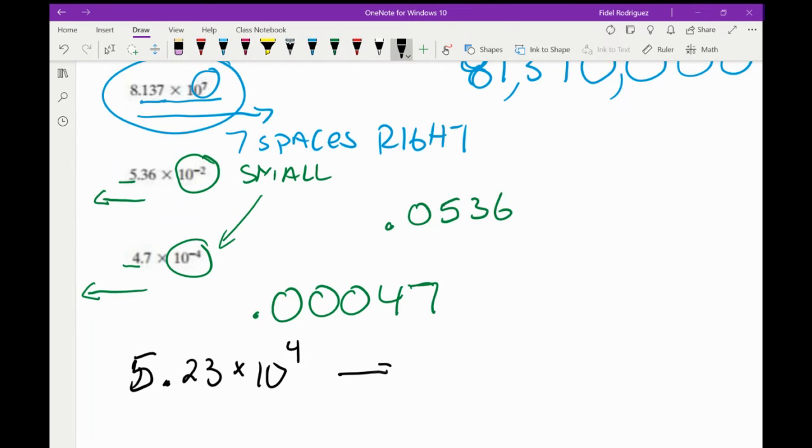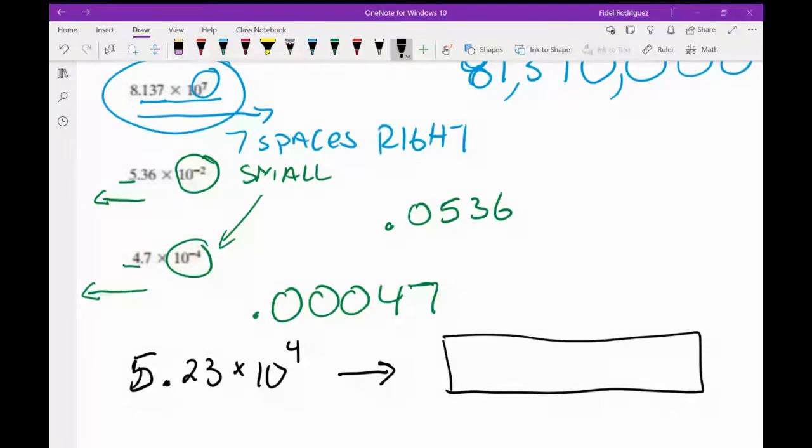Okay, so if anybody has an idea of how you would write this, anybody want to put it in the chat? 5.23 times 10 to the 4th. What number would you come up with?